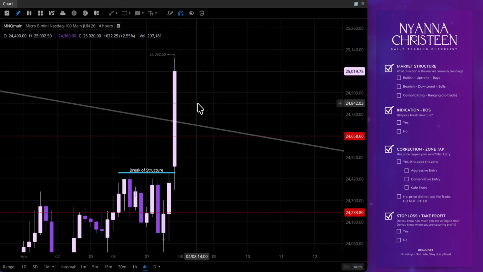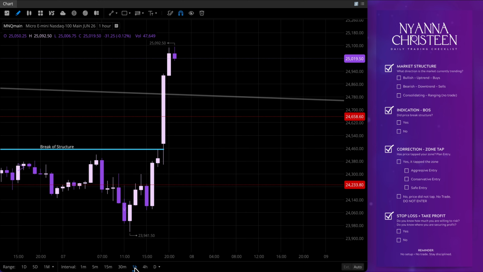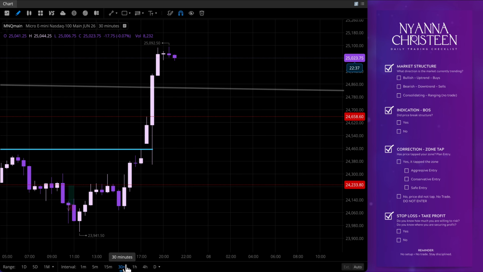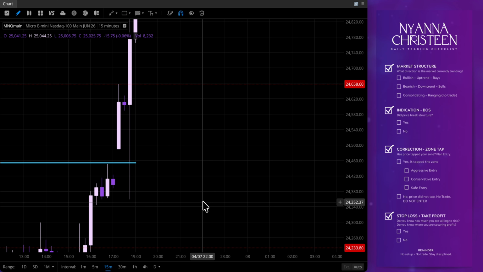Lord, it broke the structure, went to the resistance, went to the trend line, and broke the trend line. And it did it after hours. Let me see what time it broke. It broke at 6, 7, somewhere around there. 6:30.